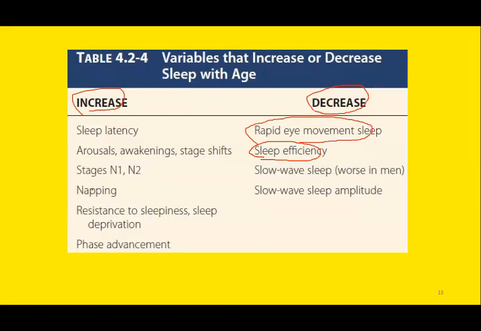Similarly, elderly people have a tendency of frequent naps, especially during the daytime. The sleep latency is also increased with aging, and more frequent arousals, more frequent awakenings are observed in elderly people as well. So these are the variables that either increase or decrease with age.